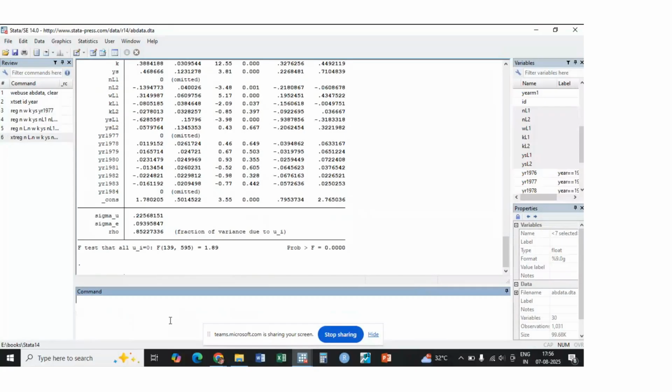So how do you do that? You have to use the regression command using an instrument variable, which is nothing but IV-reg. There is a command called IV-reg.